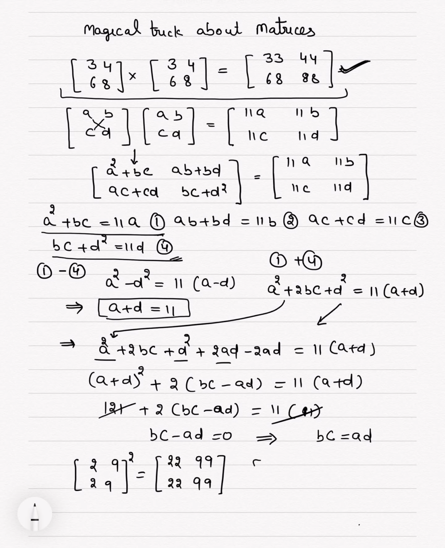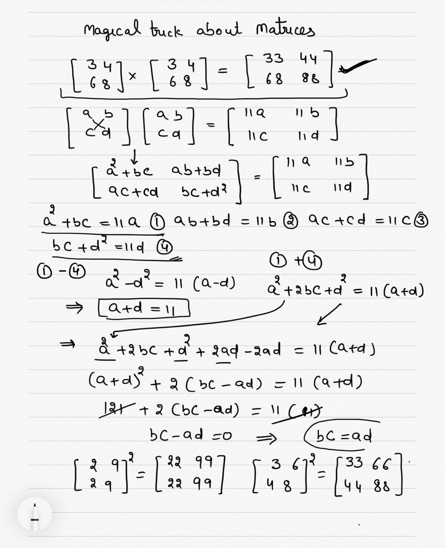Now if you take this one, 3, 6, 4, 8, and perform this, you will find out 33, 66, 44 and 88. This is all about this magical trick, and the basic feature is that BC is equal to AD.